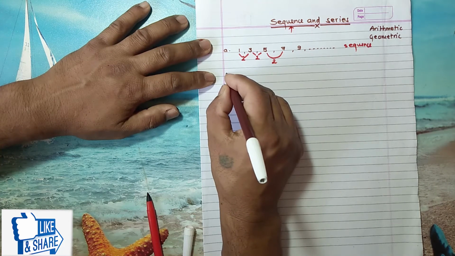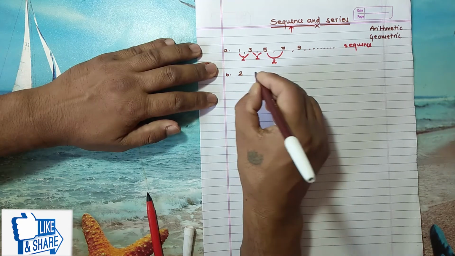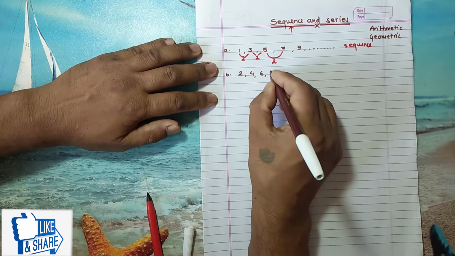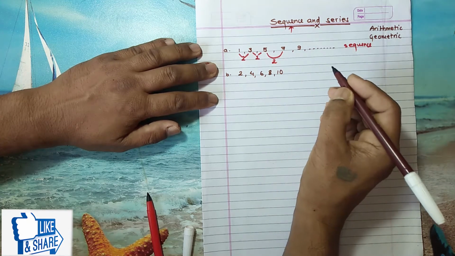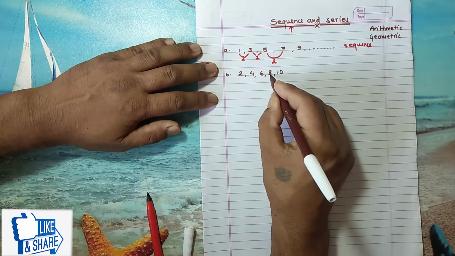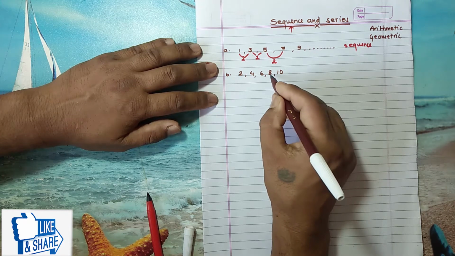Suppose B, here 2, 4, 6, 8, okay, 10. Here also we obtain a new successive term by adding a constant to its previous term. Yeah, we obtain 10 by adding 2 to 8.